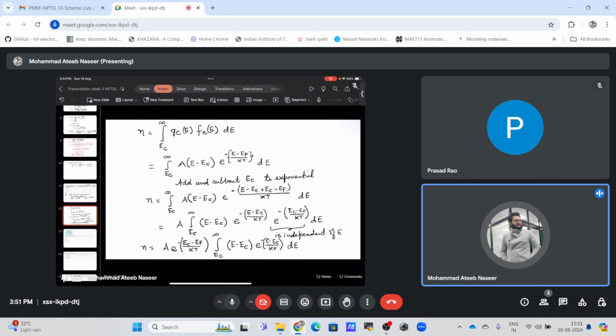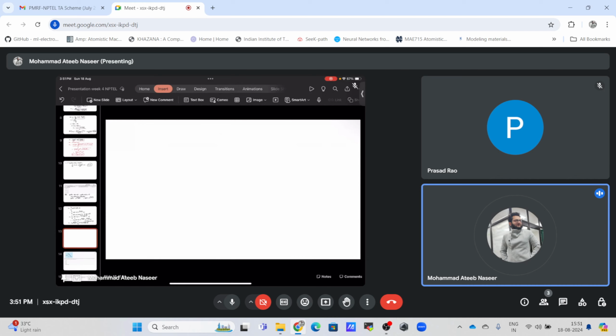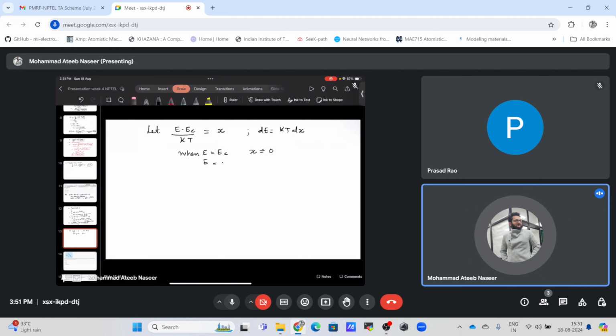Let us say this E minus EC by KT is equal to X. We are doing some substitution, so it will imply dE is simply KT times dx, and the limits: when E is equal to EC, X is 0, and when E equals infinity, X equals infinity.